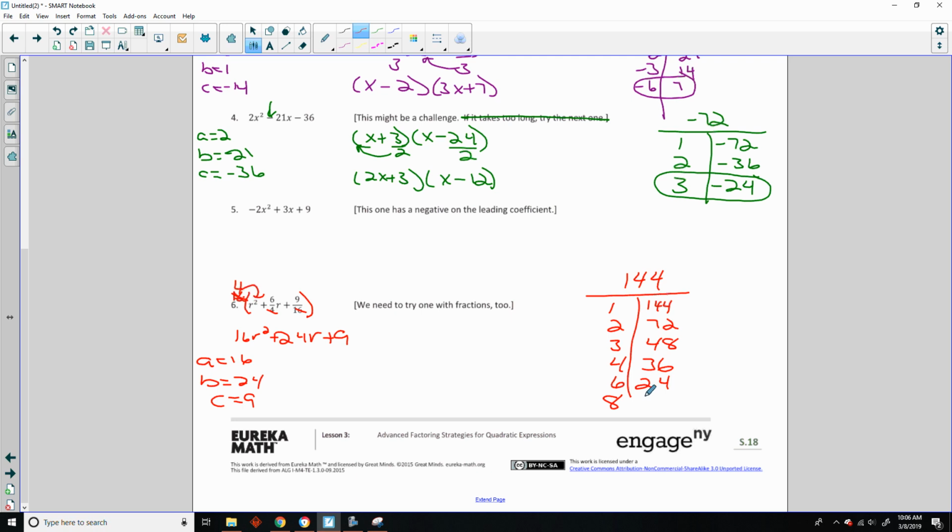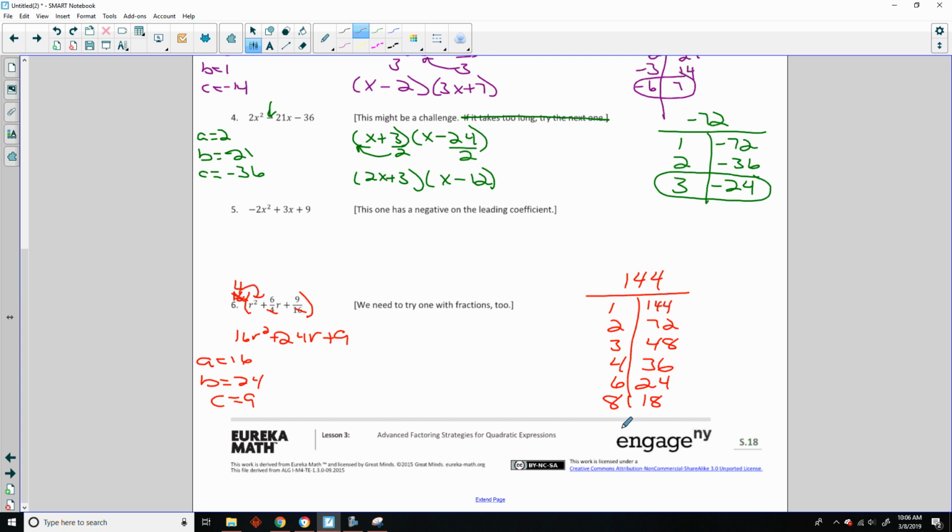There's a remainder of 6. 8 goes into 64 8 times. So there's 818. Remember, I'm looking for a sum of 24. So we have 145, 74, 51, 40, 30, 26. We're getting closer. And if you're really good at multiplication, this is where knowing your foundation skills comes in handy.